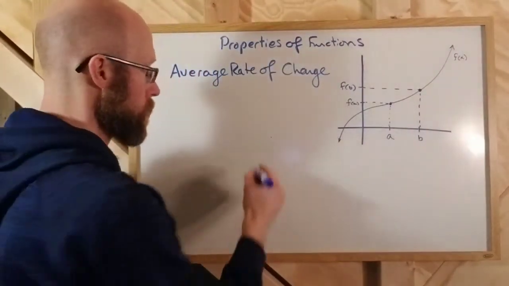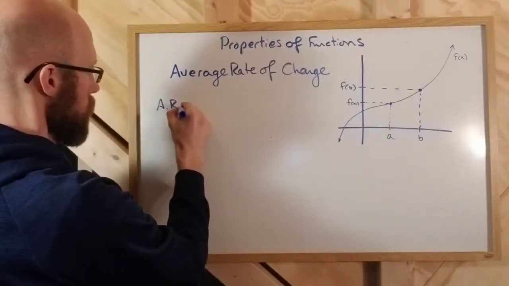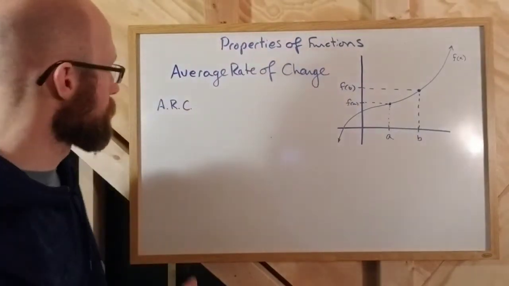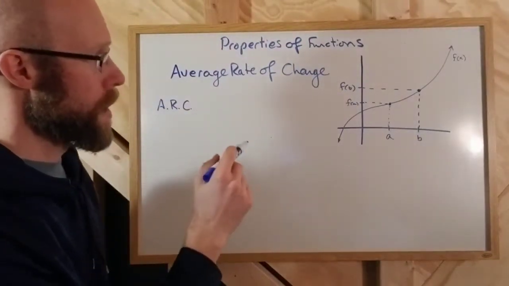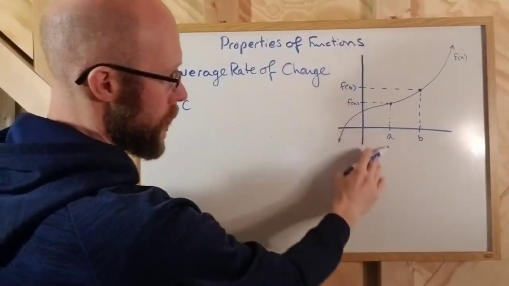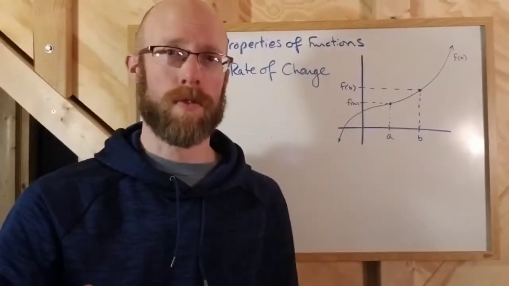With a slope, I'm going to call this the ARC for average rate of change. That slope is found by taking the vertical change divided by the horizontal change. That's always our formula for slope, the rise over run.